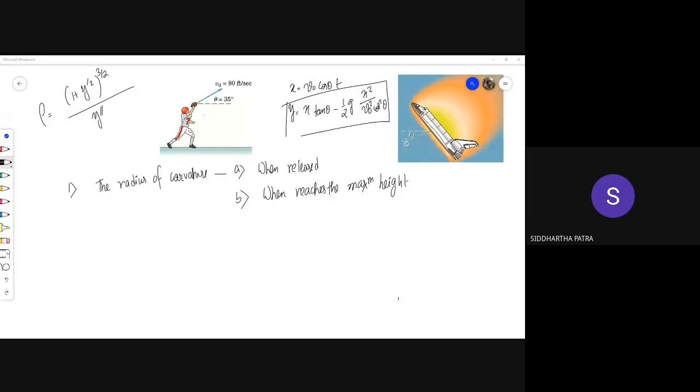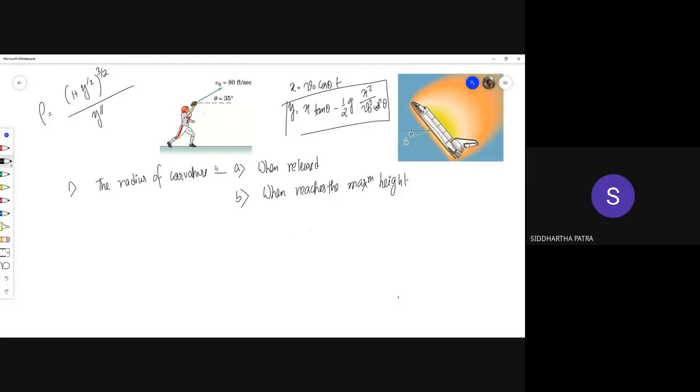Where is the r? So r, we have to find out, r means rho. Here rho is also changing, and in this position the tangential is given, and in the highest position there will be only an x component of the velocity which was there from the initial.